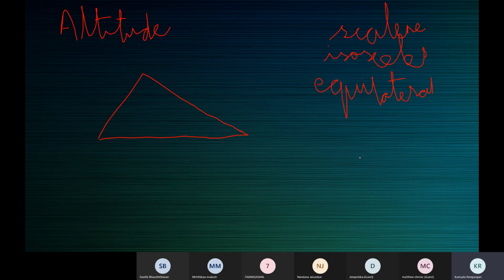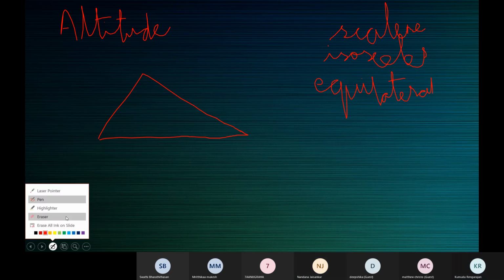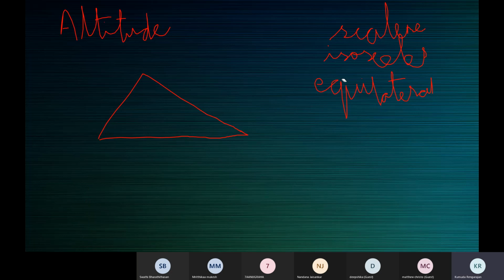Triangles are broadly classified based on sides and angles. Based on sides, we call them scalene triangle, isosceles triangle, and equilateral triangle. Based on angles, children, how do you classify them? Acute angle triangle, obtuse angle triangle, ma'am.